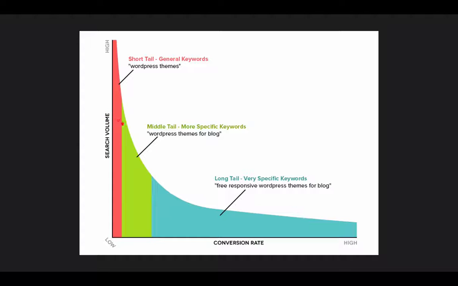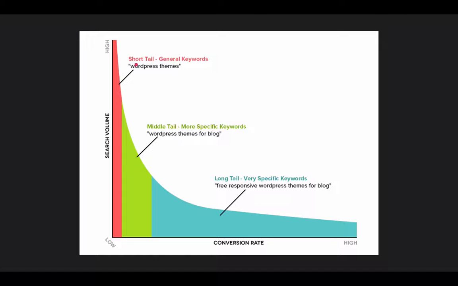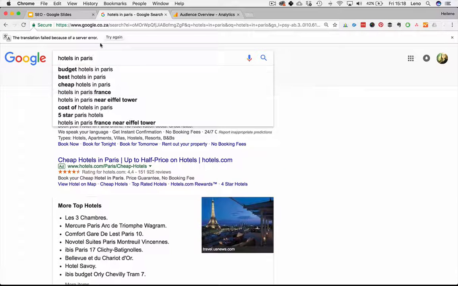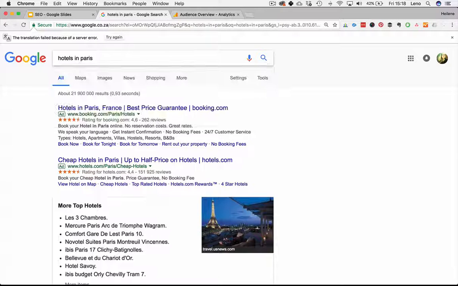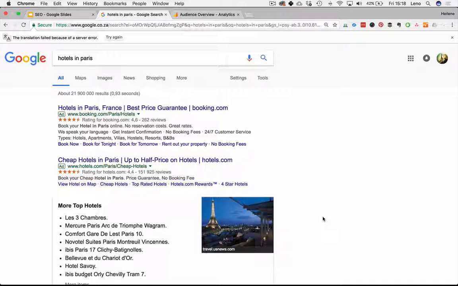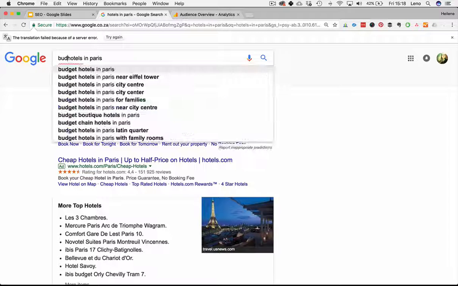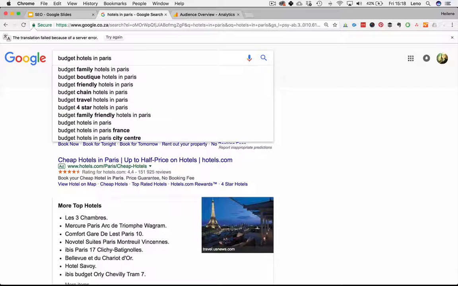Okay, so this is middle class. Let's say we have, this is more of a middle class search, hotels in Paris. This will actually fall here, not here. This is more like a single word, or accommodation Paris, for instance. Here we have longer keywords, like, say, budget hotels in Paris.